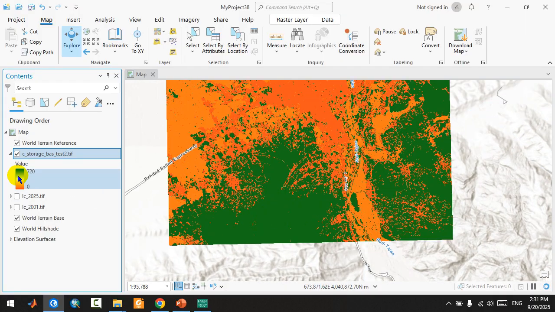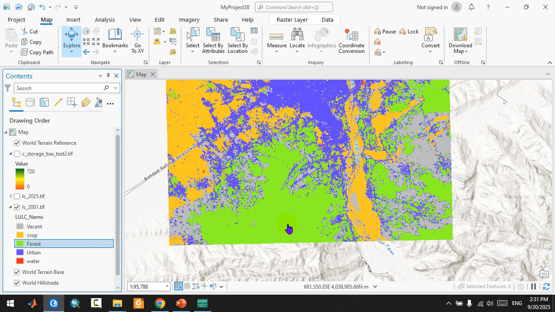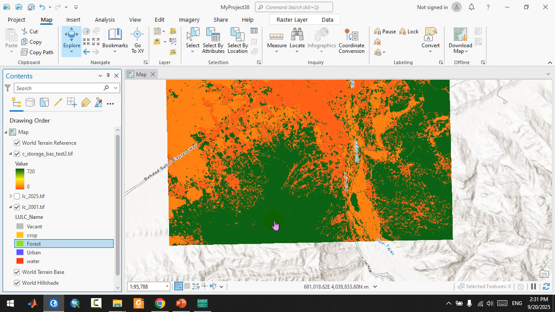This is the forest, and the LULC for 2001. Okay, forest is the green color, carbon storage in the baseline, and the highest carbon storage is about 720 metric tons in the forest area.